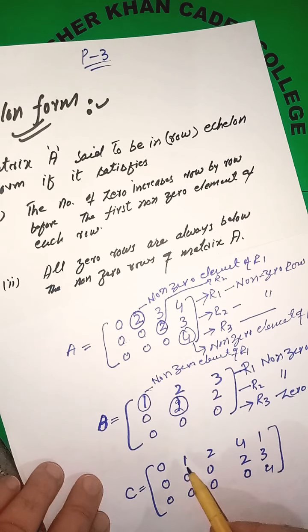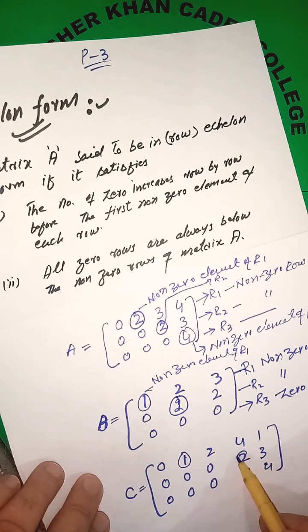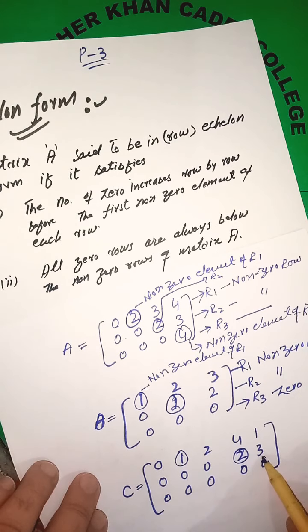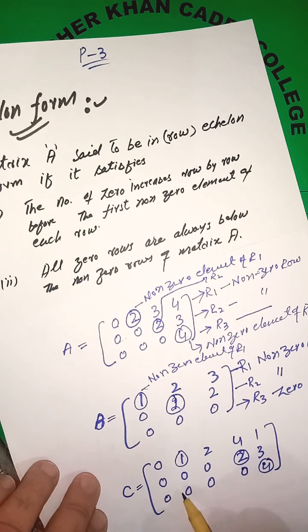Look again, this is the non-zero element of row 1 and there is 1 zero before that element. This is the non-zero element of R2. There are 3 zeros, so the number of zeros is increasing row by row, and that is the non-zero element of R3. The number of zeros is increasing row by row, so that is echelon form.